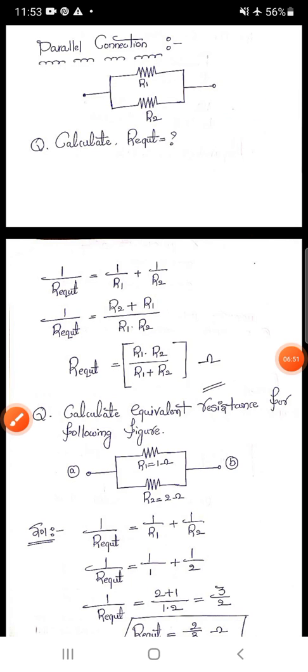Whenever we need to get the equivalent resistance for a parallel combination, we consider the reciprocal of the equivalent resistance and the reciprocals of the individual resistances. The addition of reciprocals of individual resistors gives the value of equivalent resistance.